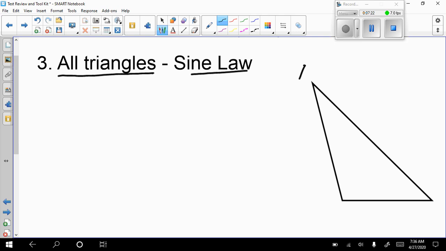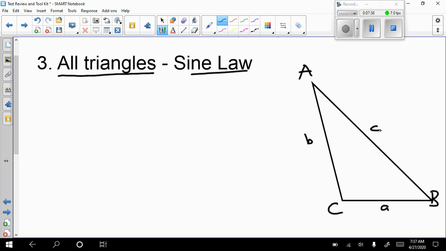Again, we're going to label our triangle with capital A, capital B, and capital C. We always label them that way. The side opposite the angle we'll label with the little letter a, little b, and little c.